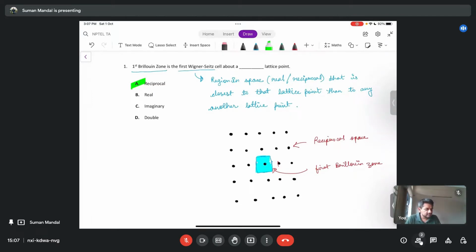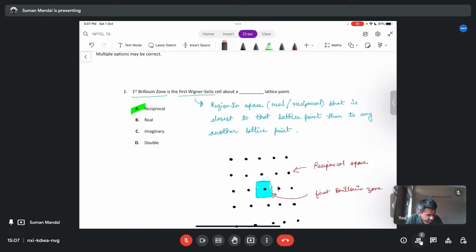The Wigner-Seitz cell is always a primitive cell, which means it will always contain only one lattice point. I'll just write it here: primitive cell contains exactly one lattice point.